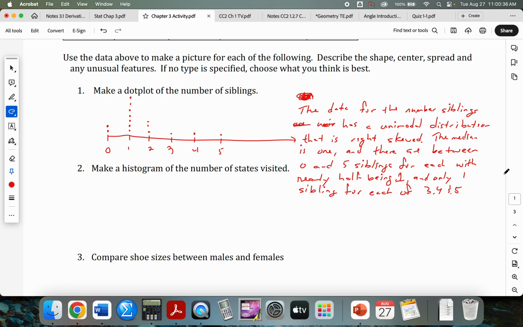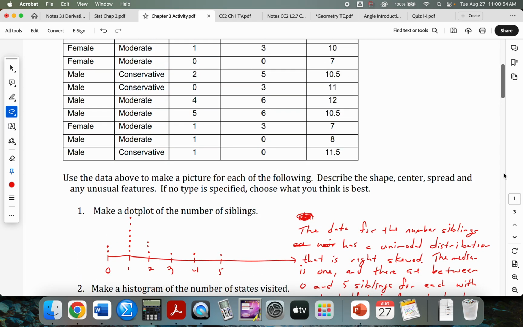If it's skewed, you're going to talk about the median, and after that, probably the IQR, but maybe not. It gets a little squidgier when you get to that part. Okay? All right.